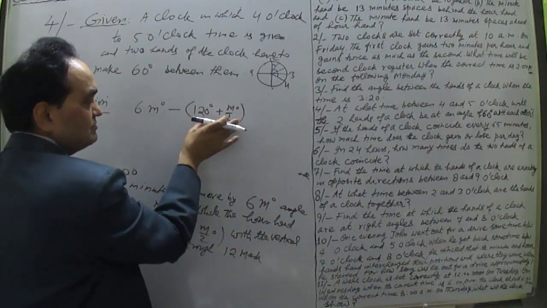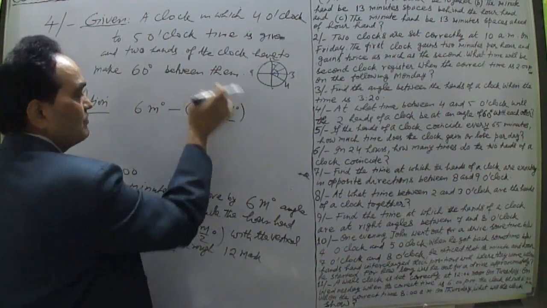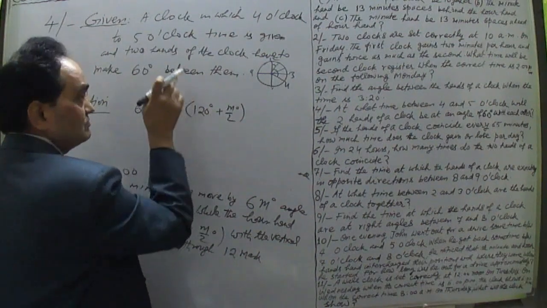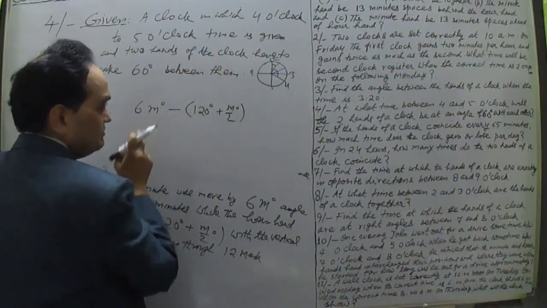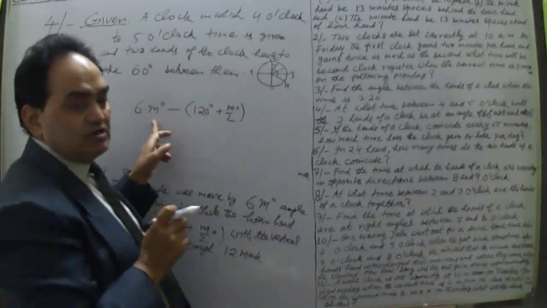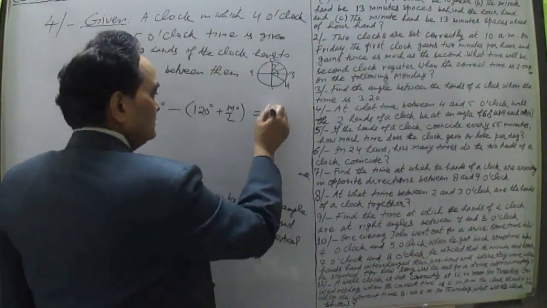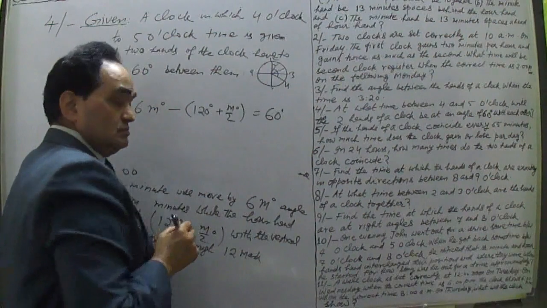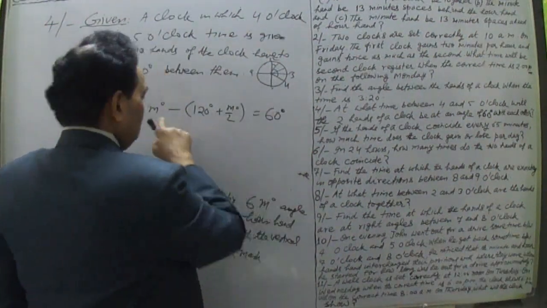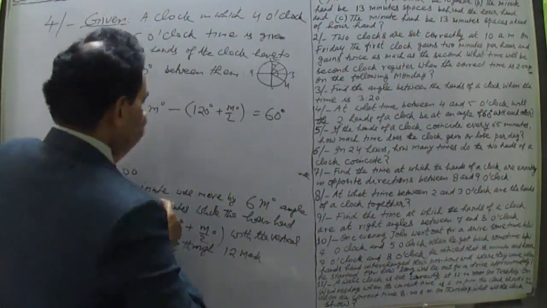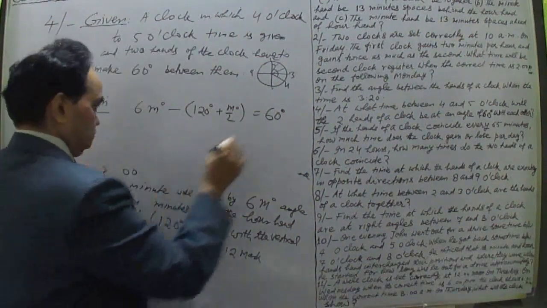This is the angle made by the hour hand with the vertical line, and this 6m degree is the angle made by the minute hand. This minus this is equal to 60 degrees, given to us. The difference between these two hands, minute hand and hour hand, is 60 degrees.